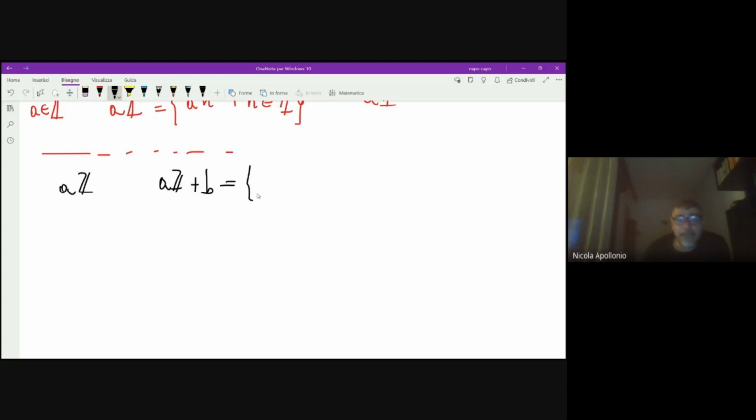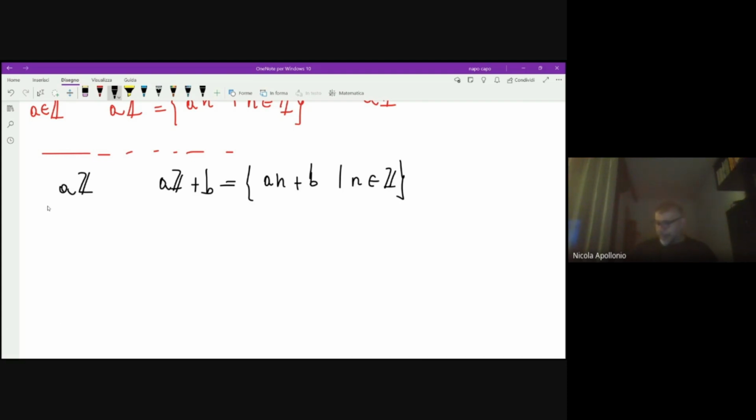A natural one is the set of multiples of a displaced by b. How do you construct this set? You pick every multiple of a and you add b and put it in the other set, aZ plus b. This is just a simple construction.